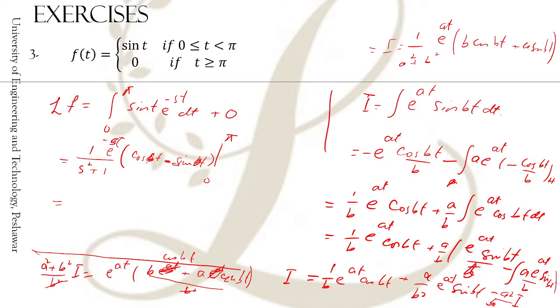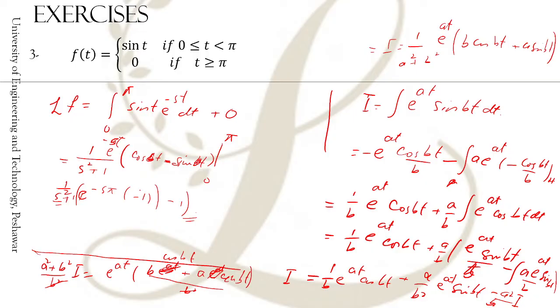So cos pi is minus 1, sin pi is 0, and then we put 0 to get cos 0 is 1, where sin 0 is 0. So we'll get something like e power minus s pi, and 1 over s square plus 1 stays in its place. E power minus pi s, and from here 1 will come, in the first case minus 1 will come. Then after that, when we put 0 again, this will become 1 and this will also become 1. So we can simply get minus 1.